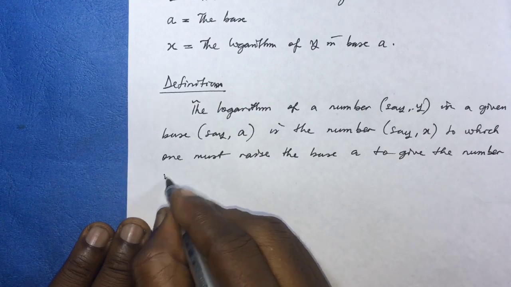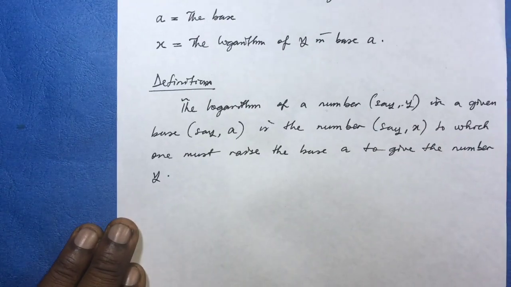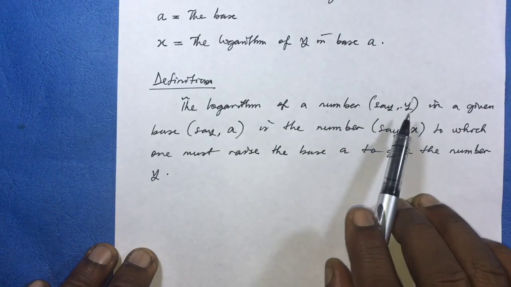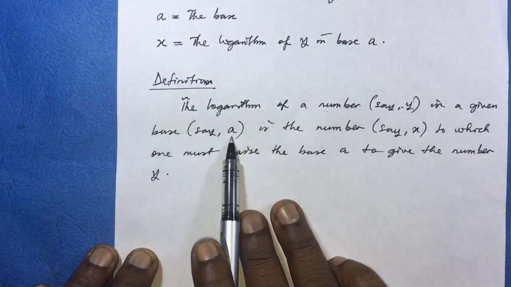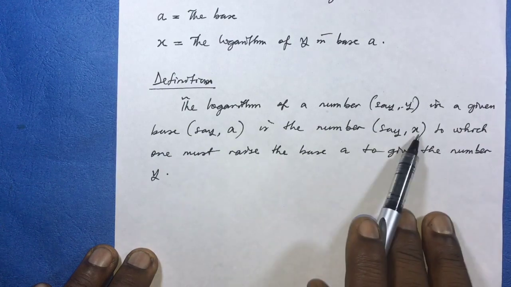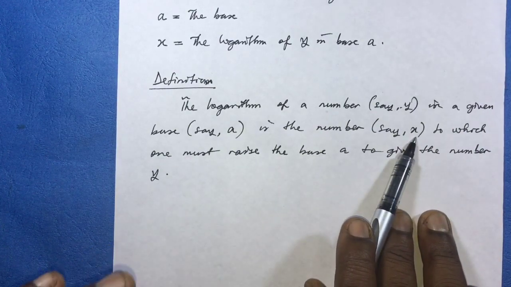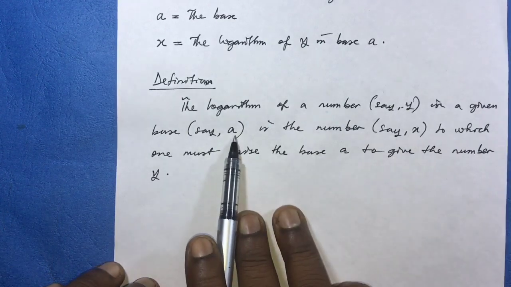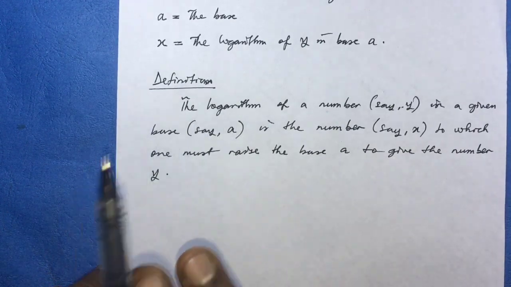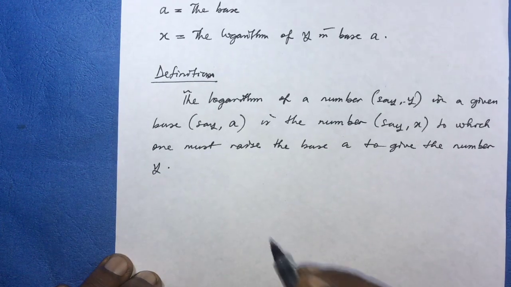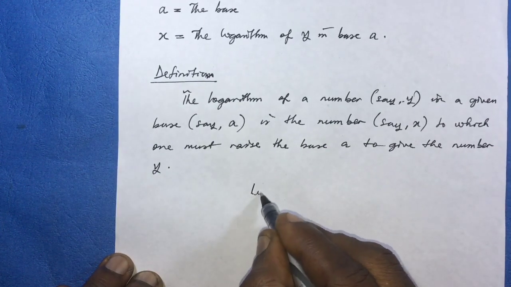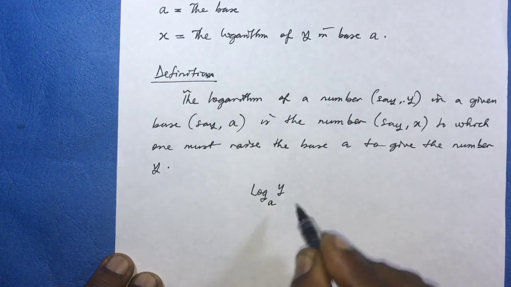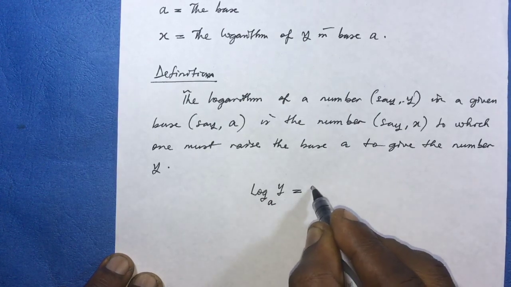Now the definition is simple, so let's examine it. What we call the logarithm of a number, say y, in a given base, say a, is the only number x to which we can raise the base a to give the number y. Mathematically we write that expression as the logarithm of y in base a is equal to x.